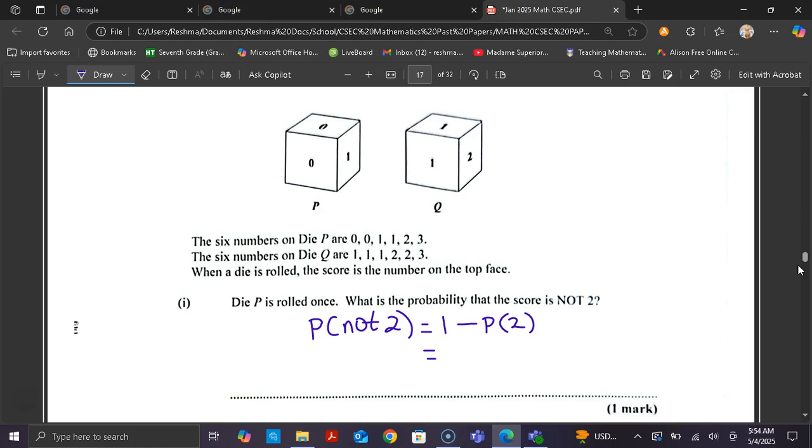Logically, if the score is 2, you only have one 2 on die P. So that will be one number out of 6, so the probability of getting a 2 is 1/6. So the probability of not getting a 2 will be 1 minus 1/6, which is 5/6.